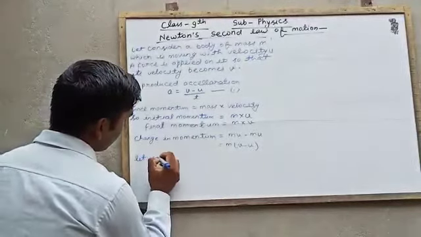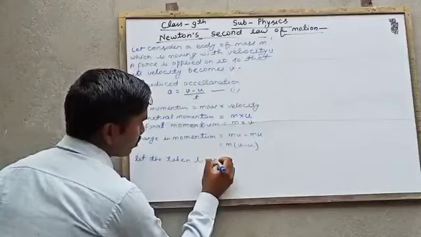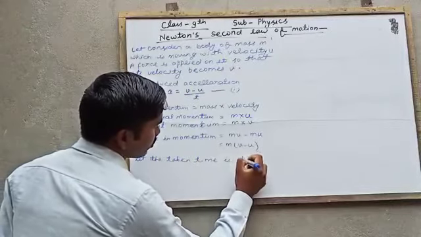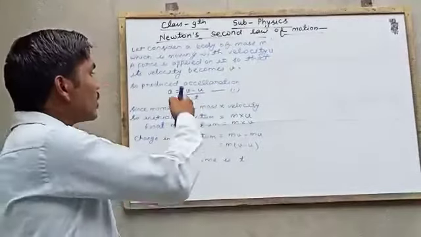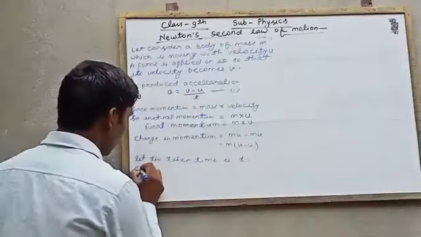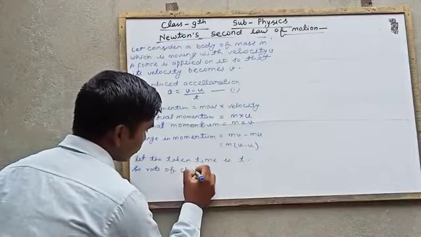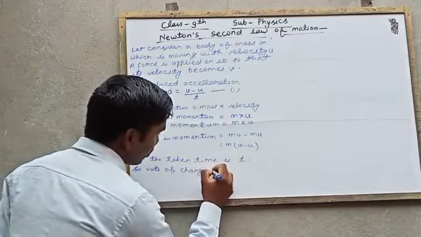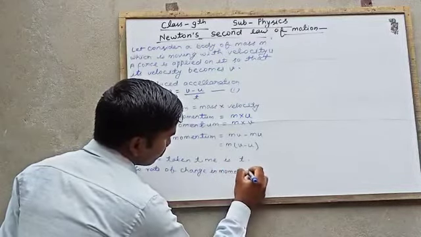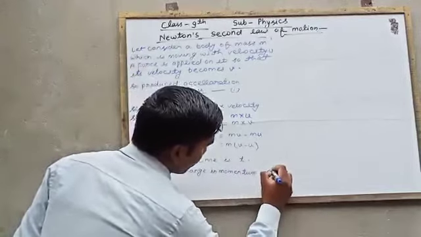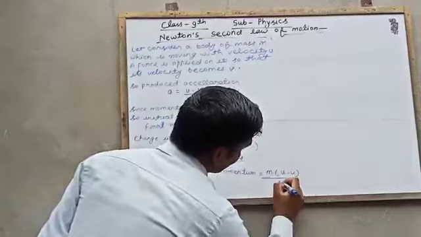Let the time taken be t, meaning the time to apply the force is t. So the rate of change in momentum is m into v minus u upon t.